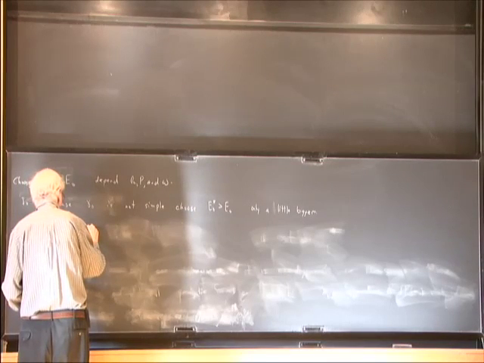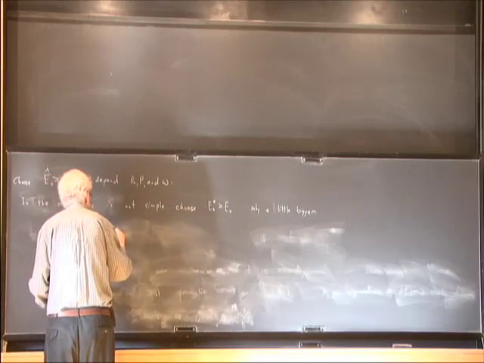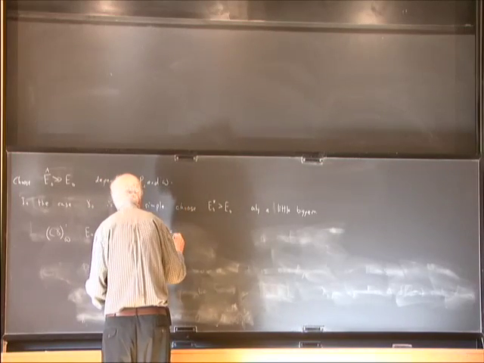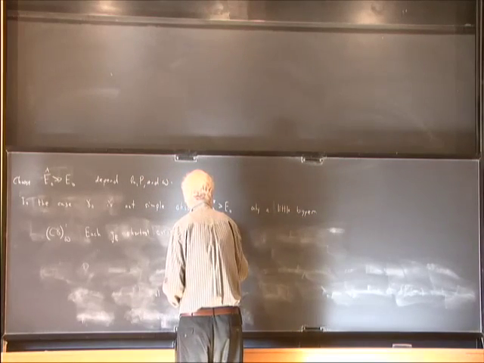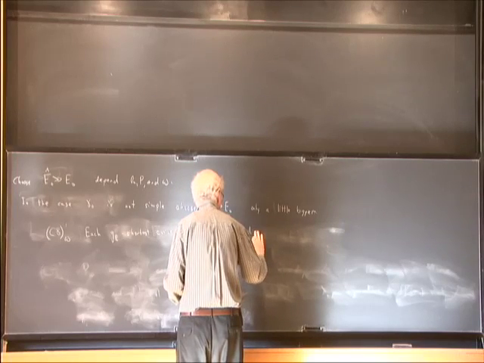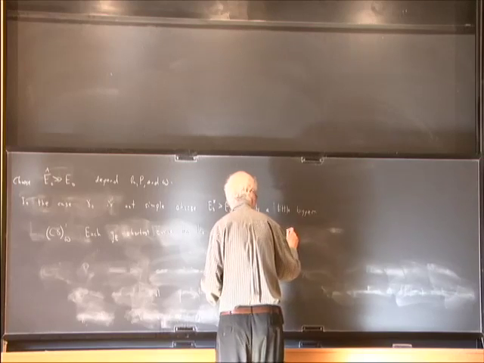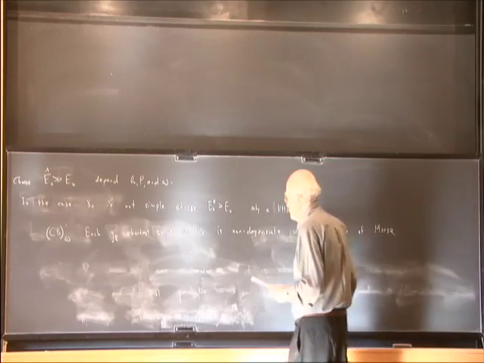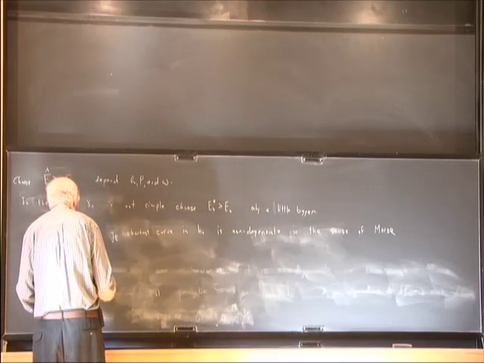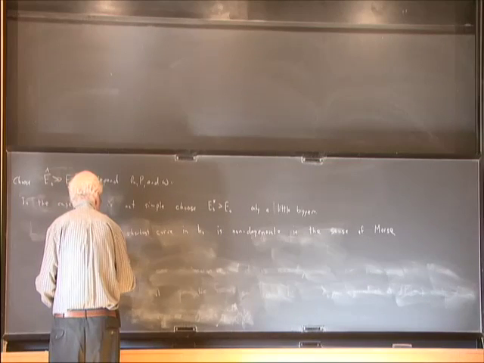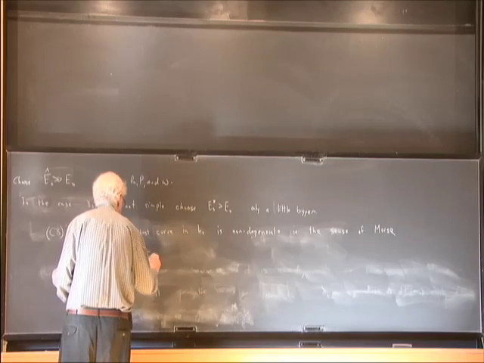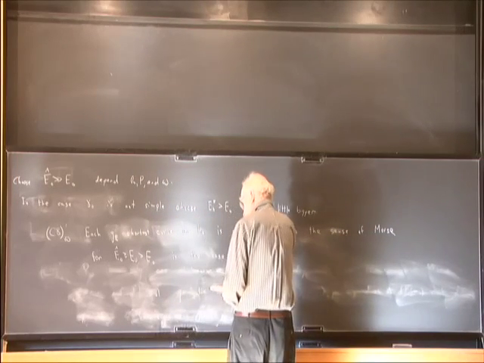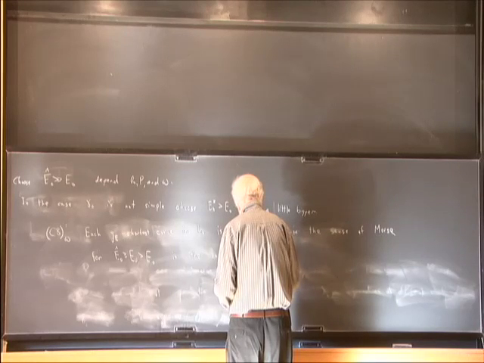So the condition is that each GE shortest curve in H0 is non-degenerate in the sense of Morse, for E0 hat greater than or equal to E greater than or equal to E0, in the case that gamma 0 is simple.